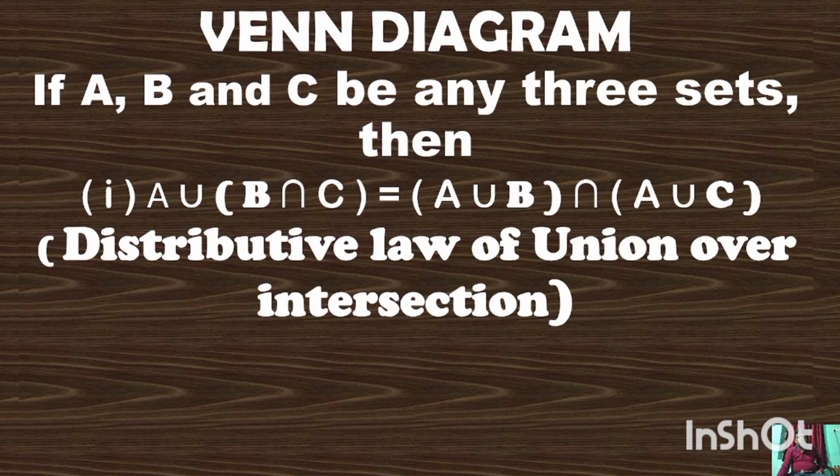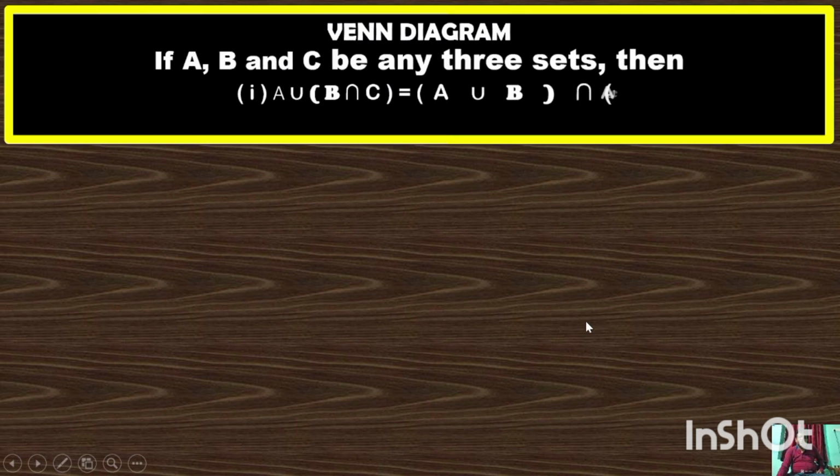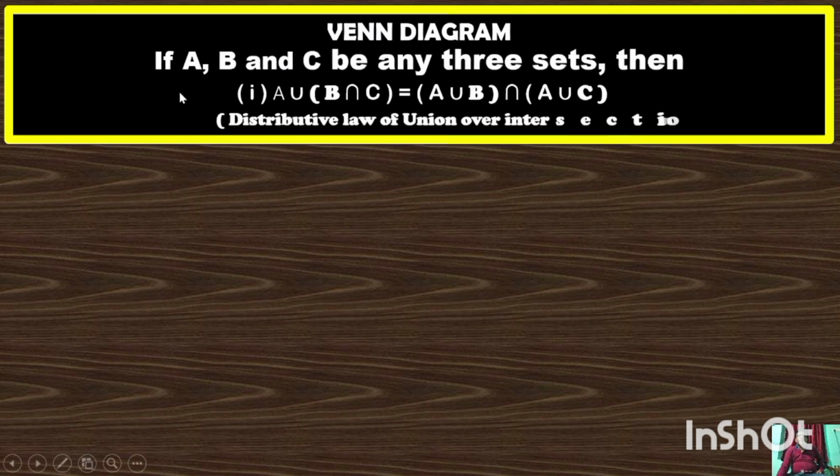Here you also see the Venn diagram. How can you prove the distributive law of union over intersection? If A, B, C are any three sets, then A union B intersection C is equal to A union B intersection A union C. This is the distributive law of union over intersection.